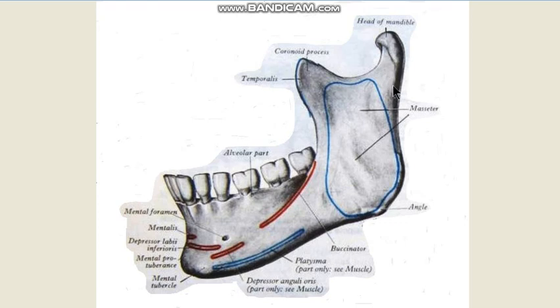And from deep inside the mandible you have the emergence of the auriculotemporal nerve, which is destined to supply the parotid gland as well as give cutaneous branches to the temporal region and go up to supply the scalp.